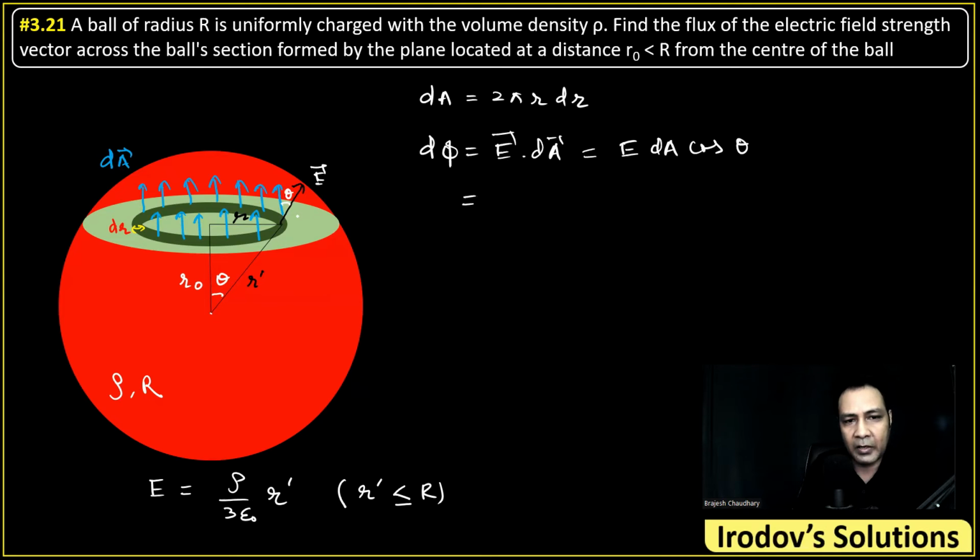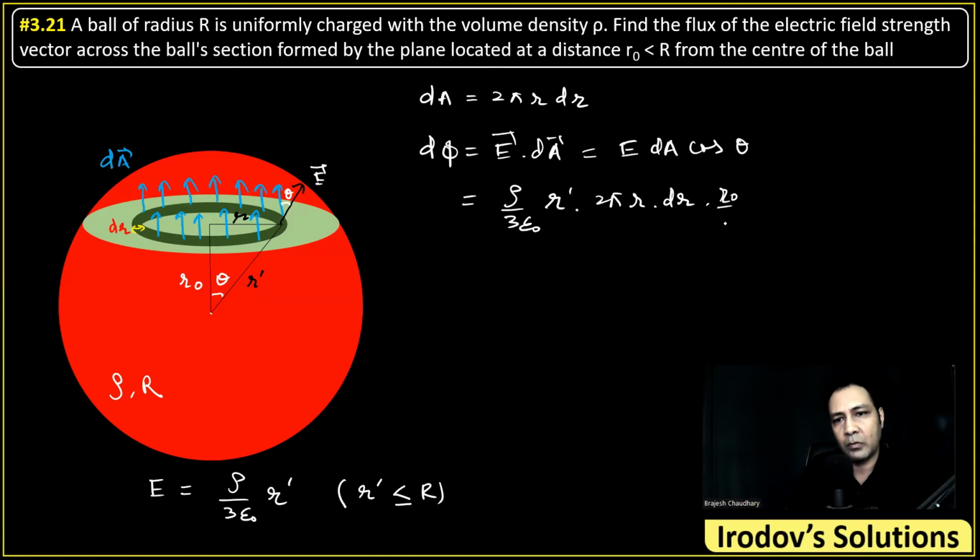At a distance r dash from the center, as I've written here, it is rho by 3 epsilon naught r dash, and dA is 2 pi r dr, and cos theta is equal to r naught by r dash.